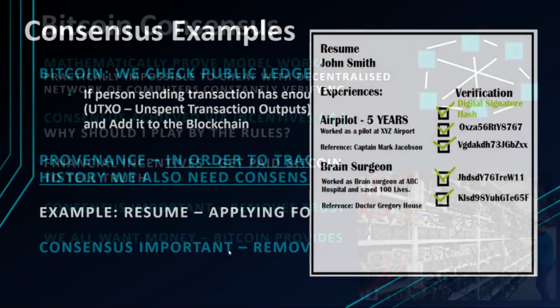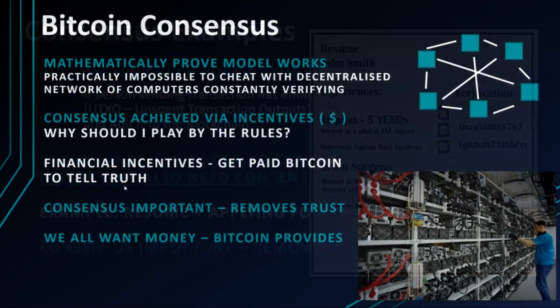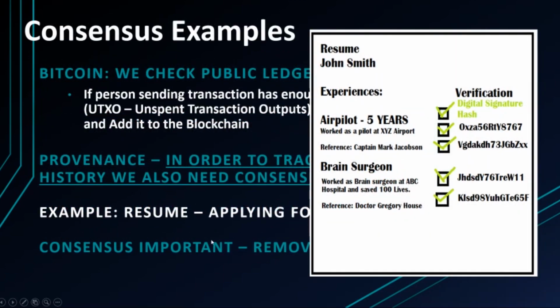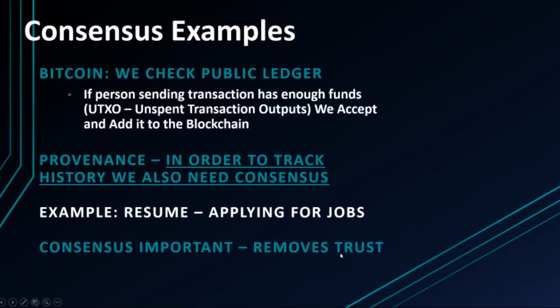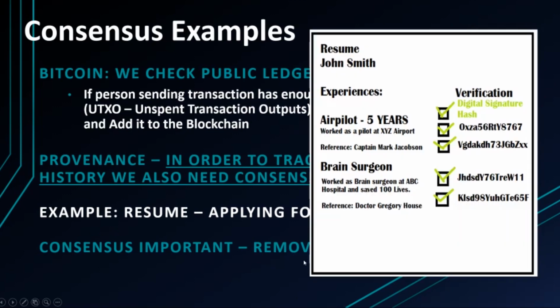The important thing about consensus is that it removes trust. You don't have to just trust John Smith that everything he says on his resume is true. And we all know that there's at least 10%, 15, 20% on everyone's resume that's complete bullshit.